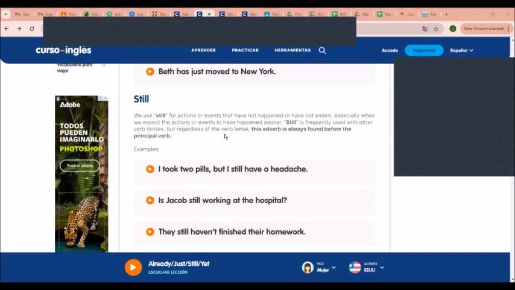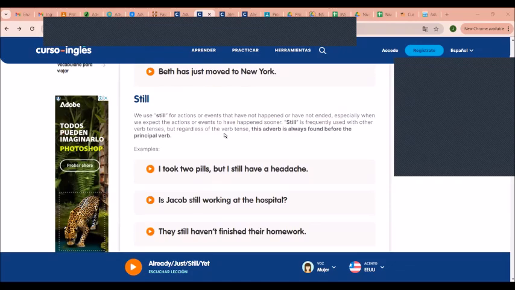We use still for actions or events that have not happened or have not ended, especially when we expect the actions or events to happen sooner. Still is frequently used with other verb tenses, but regardless of verb tense, this adverb is always found before the principal verb.